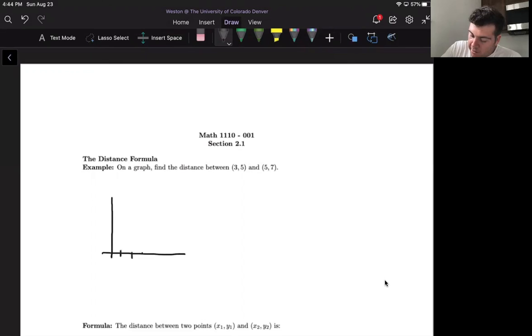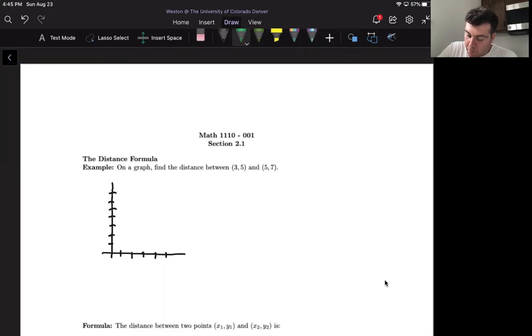Put some tick marks there for the x-axis and tick marks for the y-axis. Go a little bit higher because we need 7. So our first point, let's change colors and do it in green, is (3, 5). So that's over 3 and then up 5.